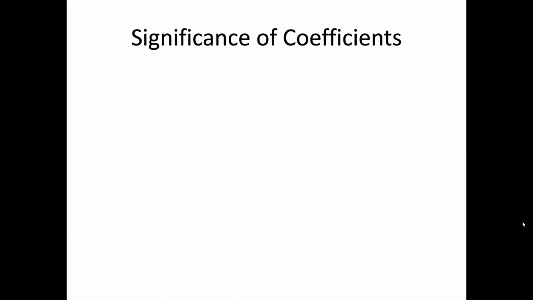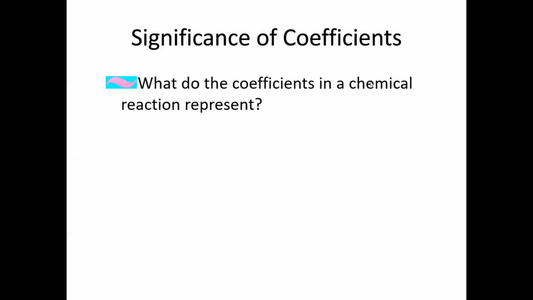So now we got to talk about our chemical coefficients. We all know what coefficients are in algebra. So the coefficients in our chemical reaction are representing the ratio of molecules, of individual units that react.